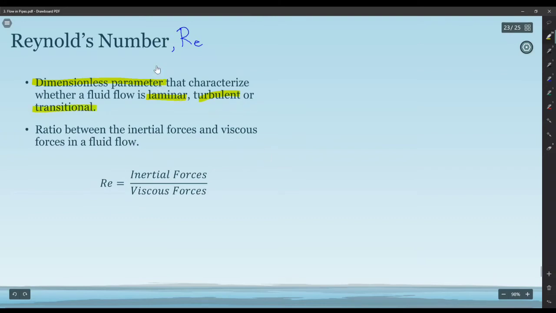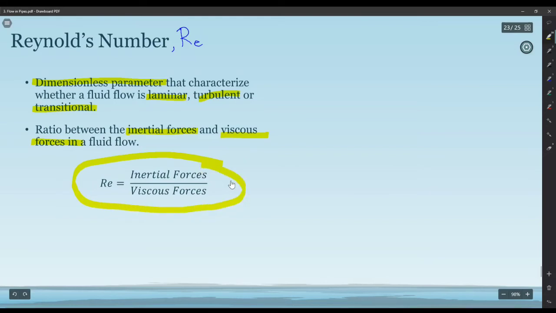So, the equation for the Reynolds number. This is just the ratio between the inertial forces and the viscous forces. So, this can be simplified using this equation.